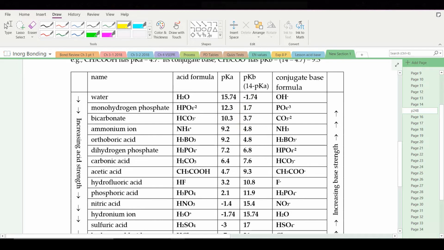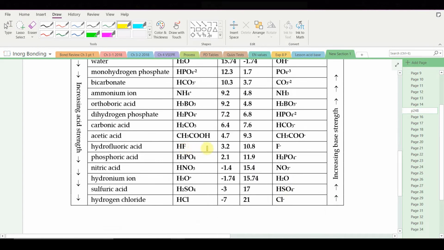So for example, the pKa of water, very weak acid, plus the pKb of its conjugate base, hydroxide, strong base, add to be 14. So if I knew the pKa of ammonium ion is 9.2, it would be easy to calculate the pKb of ammonia. I would simply take 14 minus the pKa of the acid and come up with 4.8 for the base.